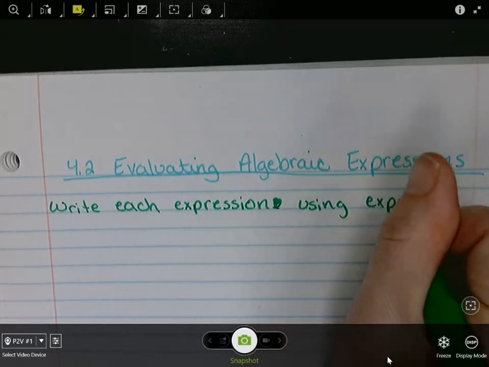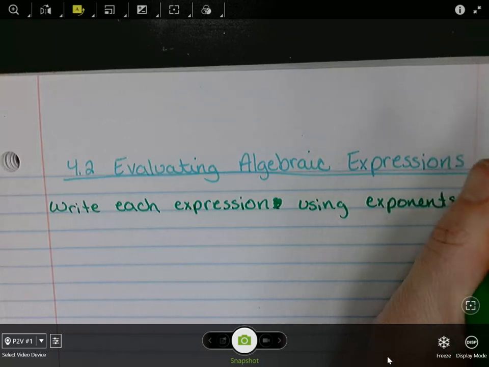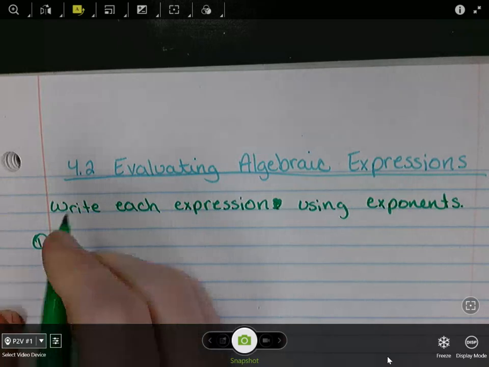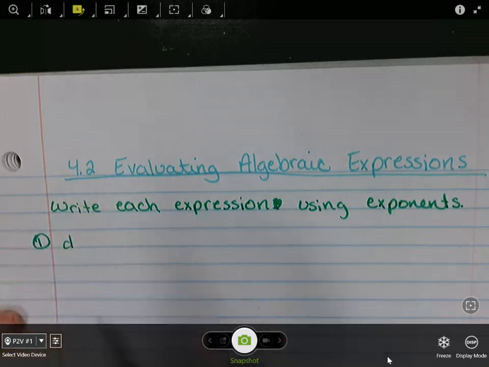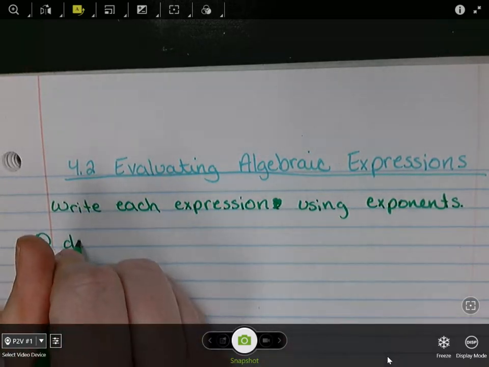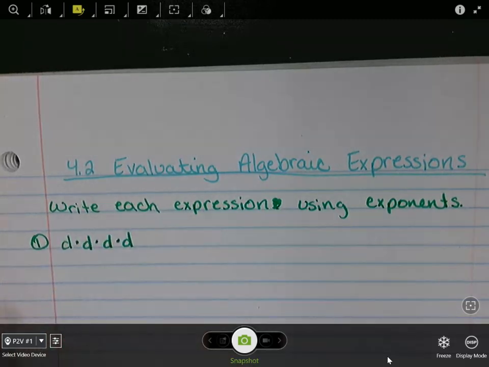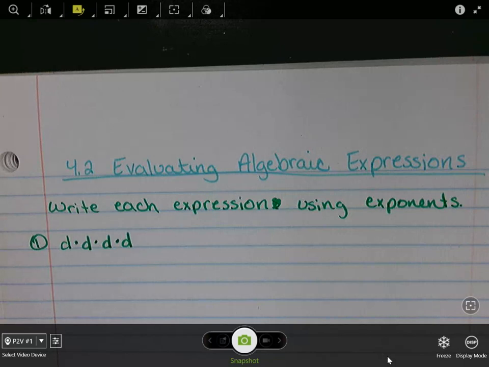We discussed exponents in chapter 1. It was the very first lesson that we covered. All right, number 1. They want us to rewrite d times d times d times d using exponents. I remember from the beginning of the year that an exponent means you multiply it by itself that many times.